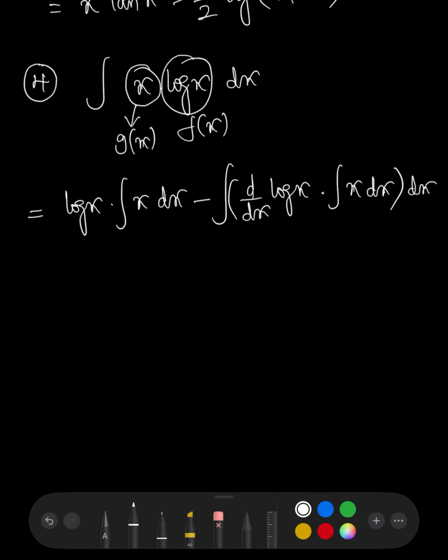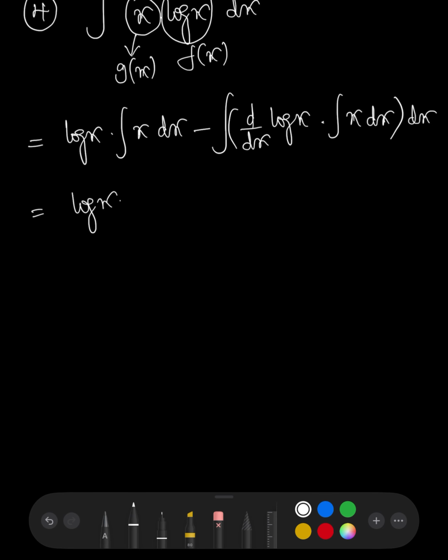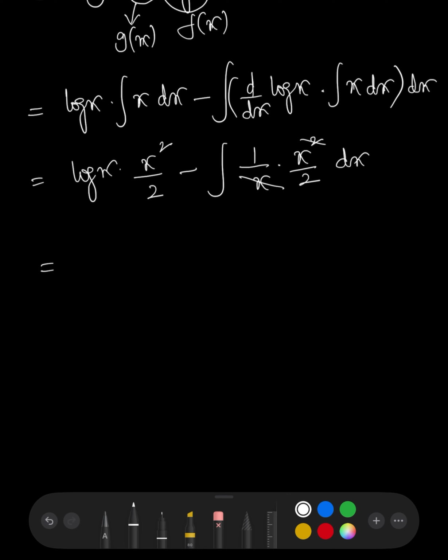whole dx. Then it is log x into integration of x, which is x square by 2, minus integration of d by dx of log x, which is 1 by x, and integration of x is x square by 2, whole dx. Now here x and this square will get cancelled. Now it is x square into log x by 2 minus, you can write 1 by 2 outside.